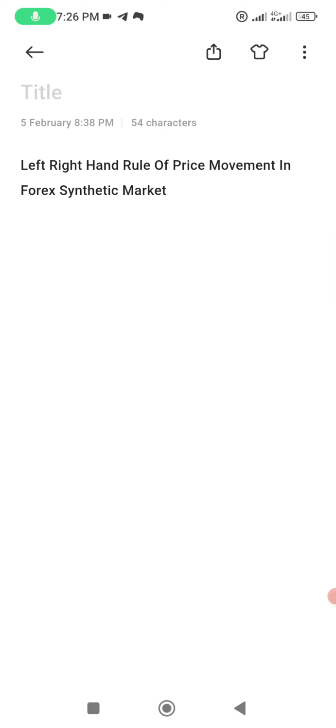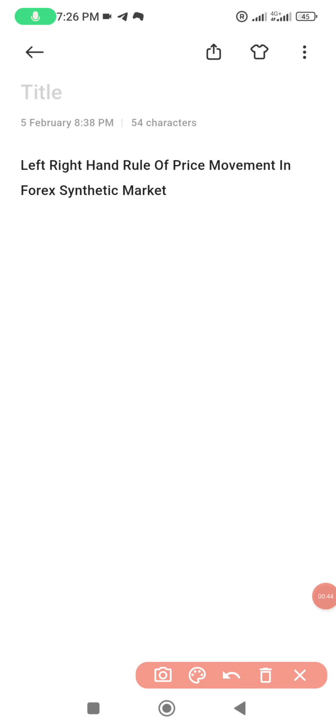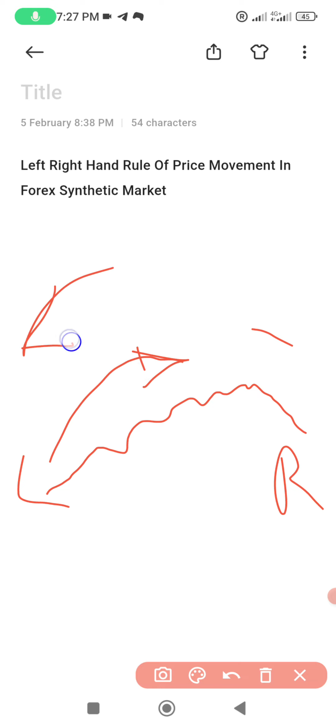You know that price moves from the past to the future. This is the left and this is the right, and price has to move following some trajectory into the future. It doesn't move from right to left.